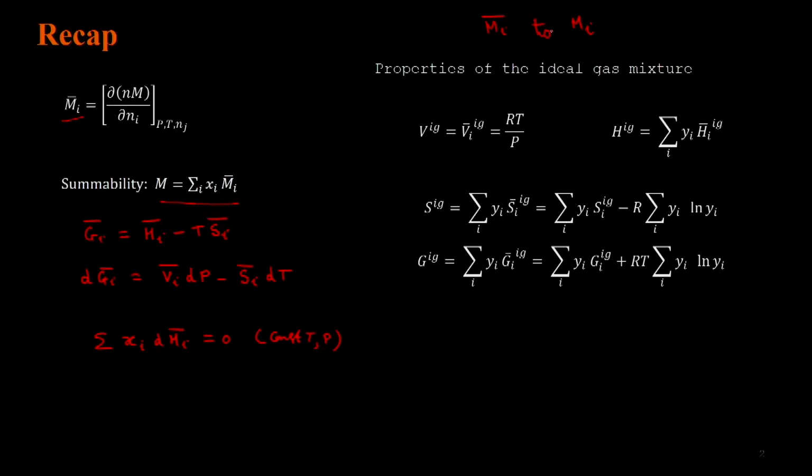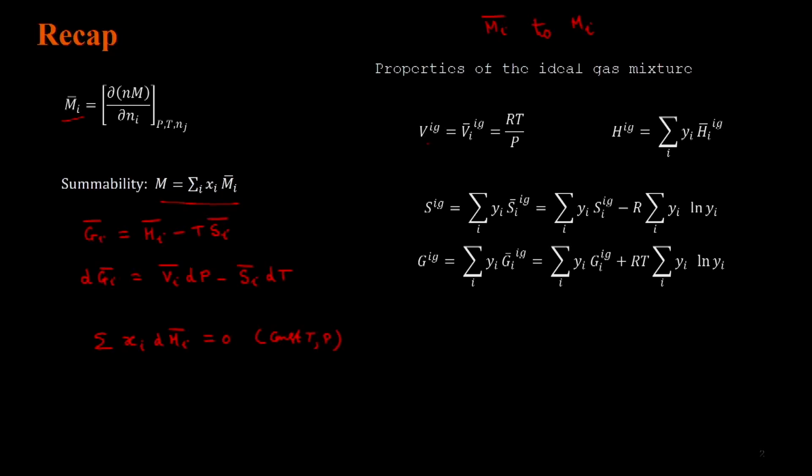And we worked our way through this by first considering ideal gas mixtures, wherein we said for an ideal gas mixture, the partial molar volume and the partial molar enthalpy are going to be the same as the pure component values.